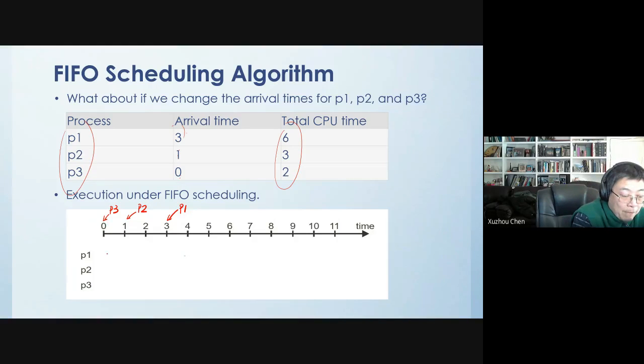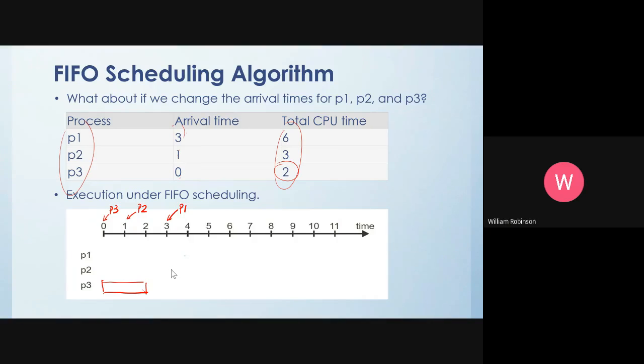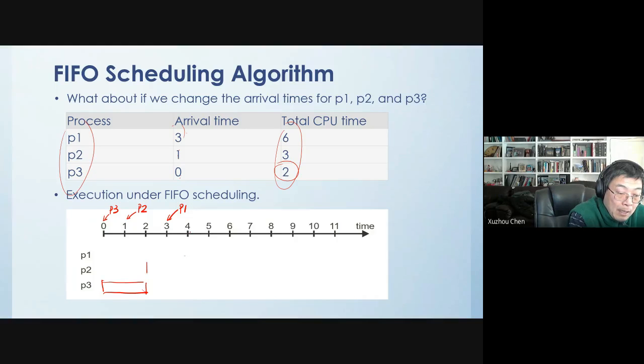So when I draw the Gantt chart, process 3 gets the CPU first and executes for 2 time units. Once process 3 is done, the next one is process 2, which executes 3 units. And then process 1 executes 6 units.